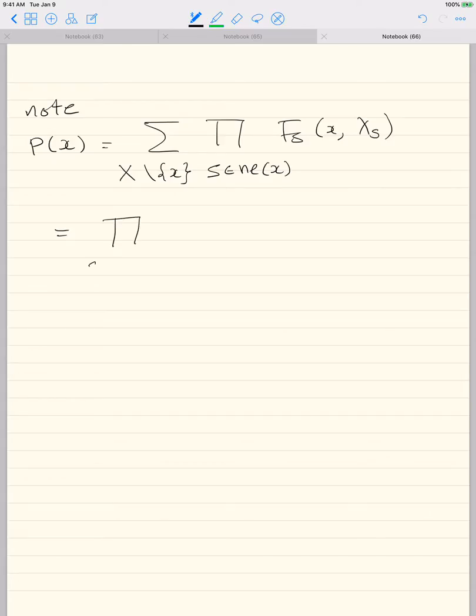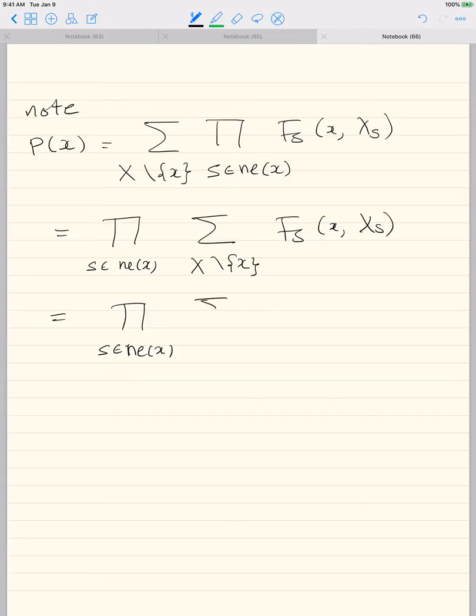We take the product out first. Now in the inner summation, only the variables xs matter.